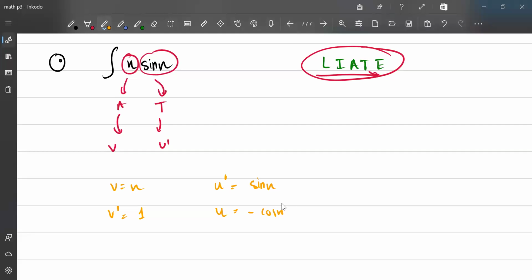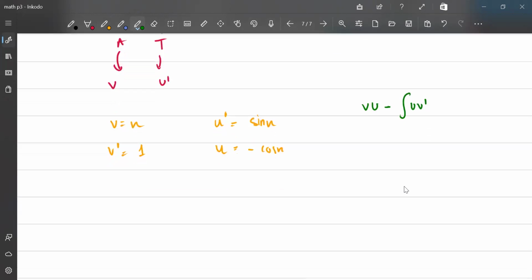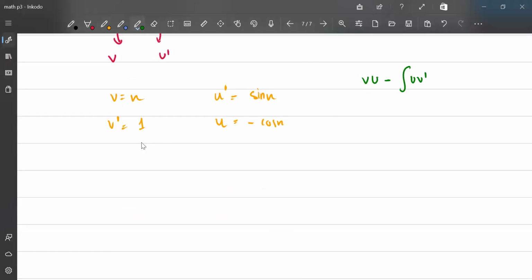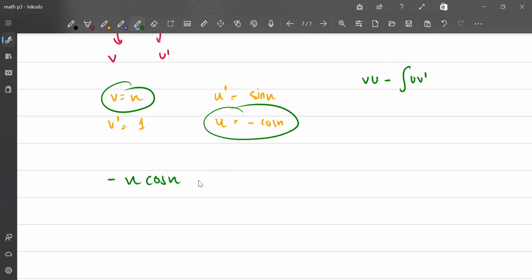Now we can apply the formula which we learned, which was VU minus integral of UV dash. Now this can be easily applied here. So let's just apply it. V is x, U is negative cos x, so negative x cos x minus integral of UV dash. We have U and we have V dash. There's no need to write it here again.